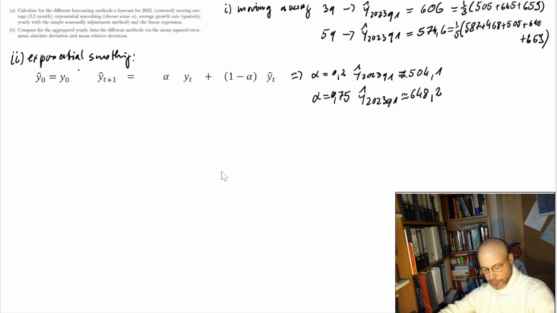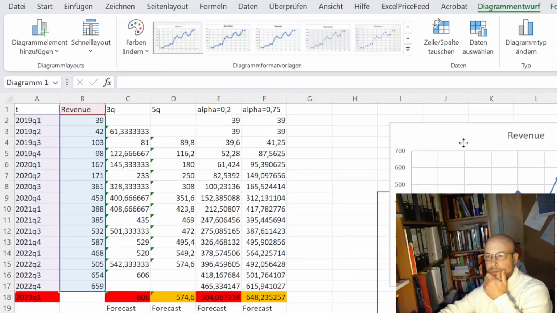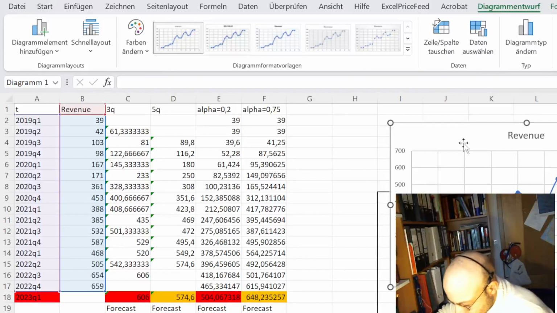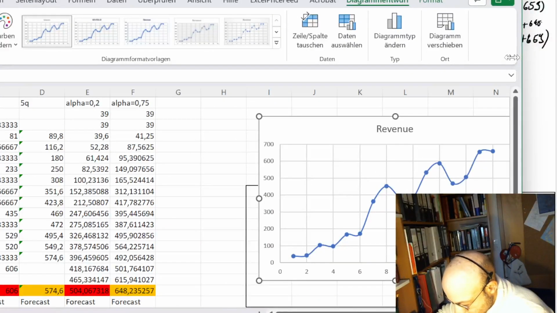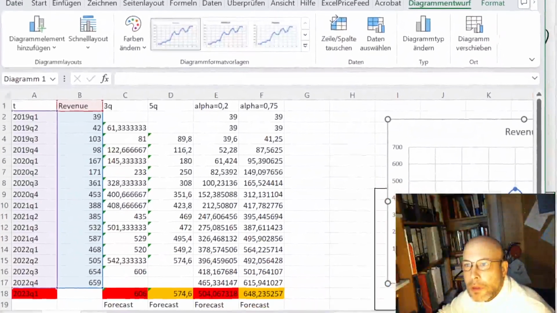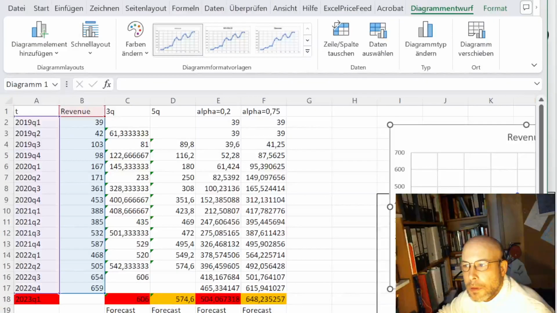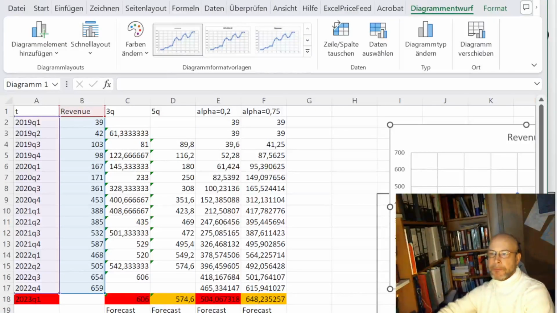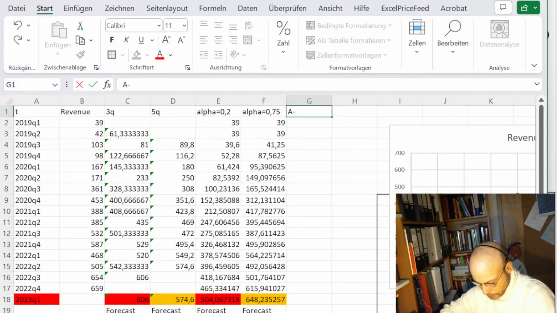And what do we have to do then? Average growth.